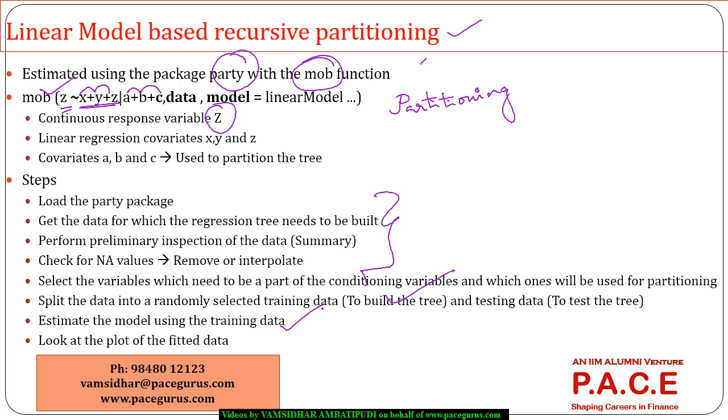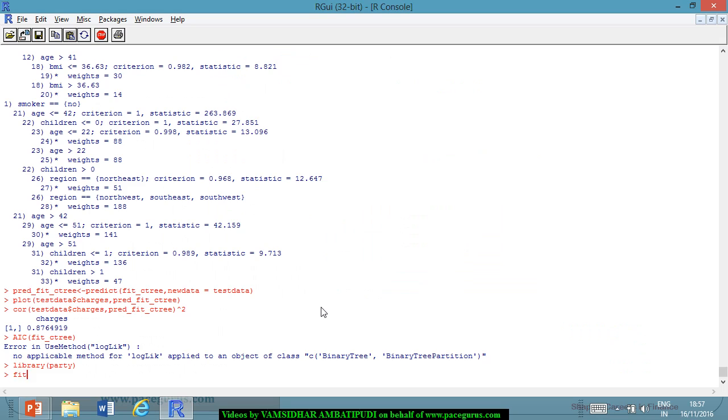Now I'll go ahead and estimate the model using the training data. I'll call it fit underscore linear underscore tree, wherein I'm considering the mob function directly.